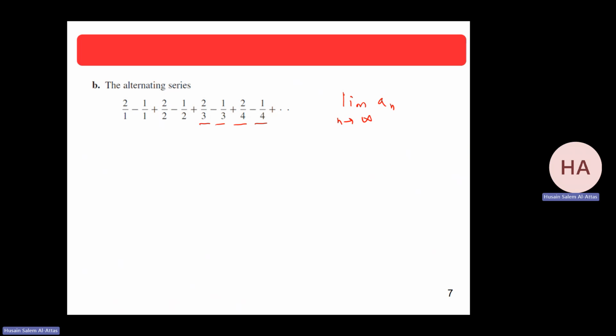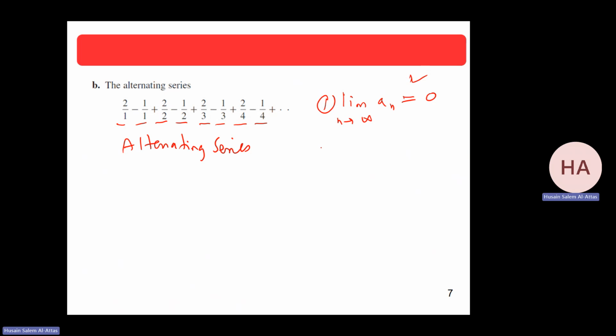The limit is equal to 0. By the way, this is alternating: positive, negative, positive, negative, positive, negative. So it's an alternating series. Is the limit equal to 0? Yes, the limit is equal to 0.